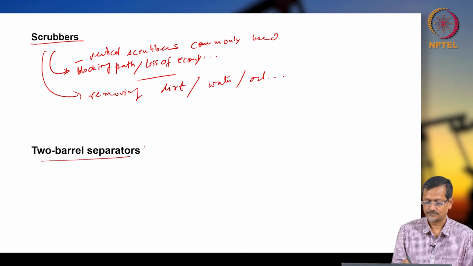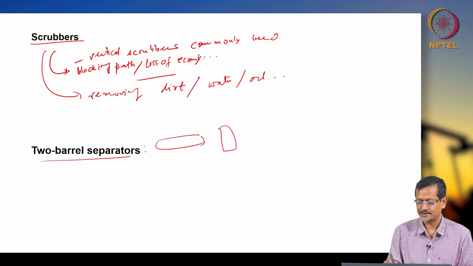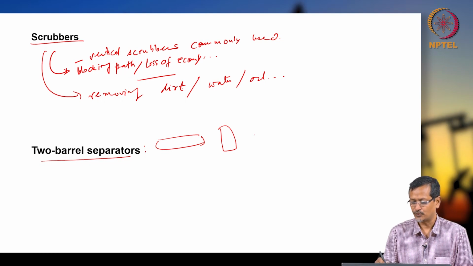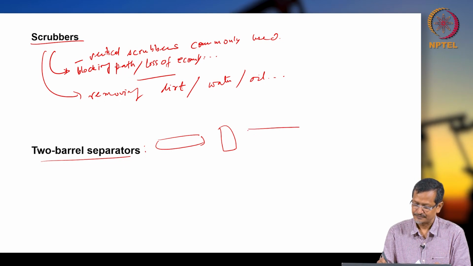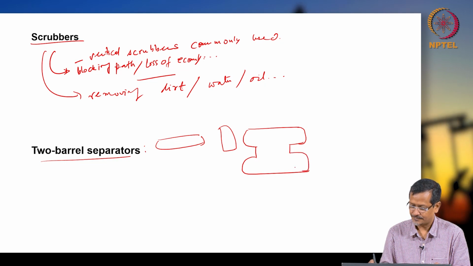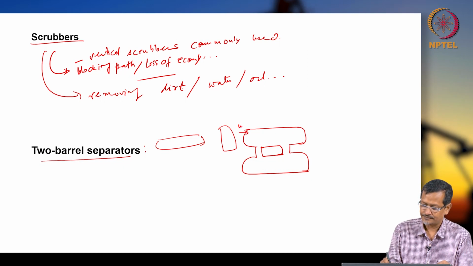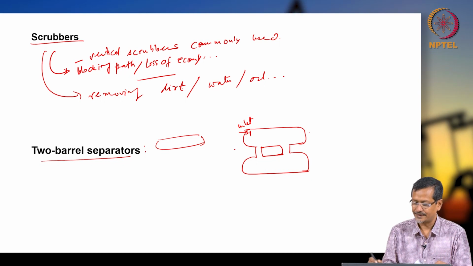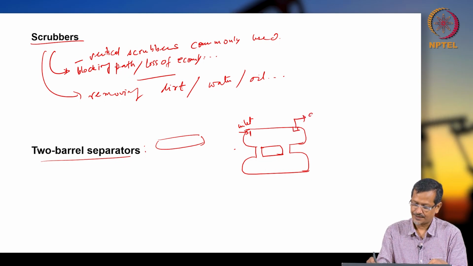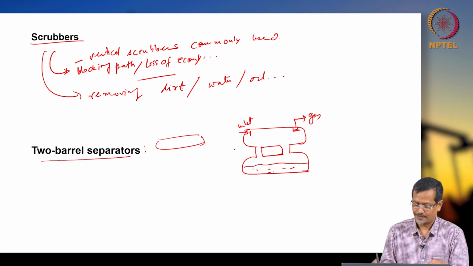Two-barrel separator: many times you use a two-barrel separator instead of a single barrel. Single barrel means a horizontal separator or a vertical separator. In many cases a two-barrel separator will look like this; you can draw it like this. You have the inlet here, the inlet diverter here, and the mist extractor with gas here, and you are creating a liquid layer here.